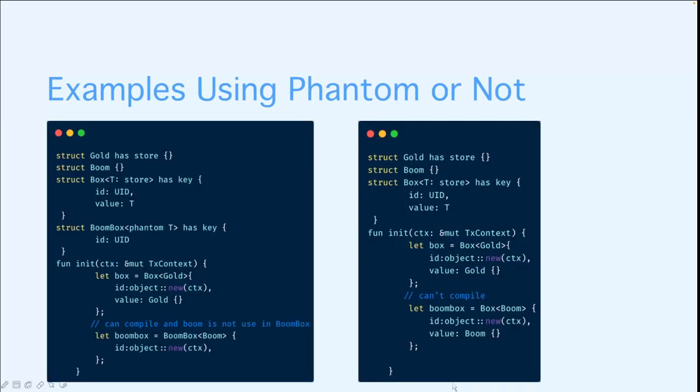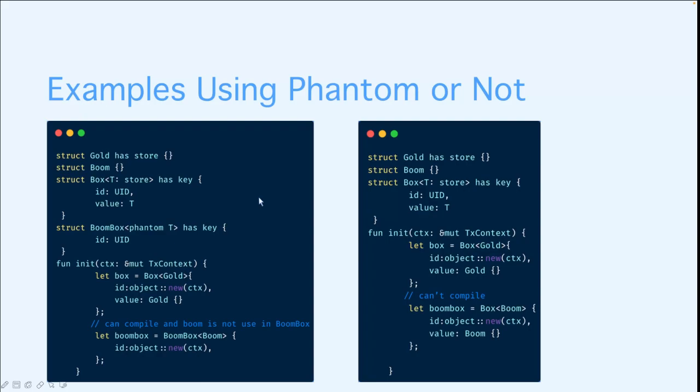And let's examine an example to understand the application of phantom types. Consider a box that can store any structure with storage capabilities. However, if a type lacks the store ability, the box cannot store it. And in such cases, designating T as a phantom type can alleviate ability constraint rules.